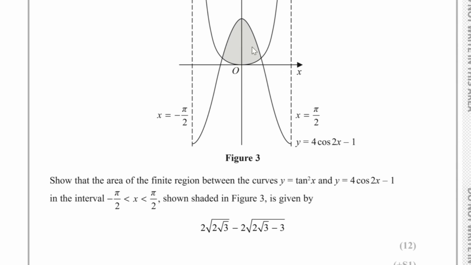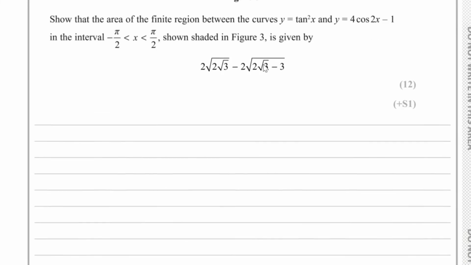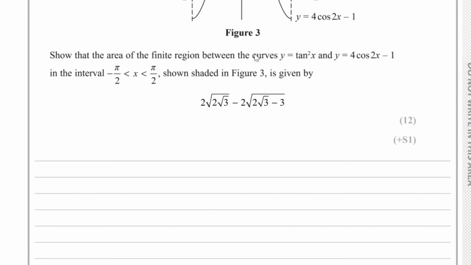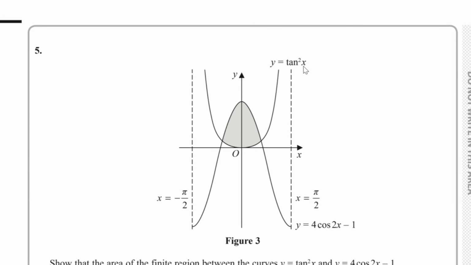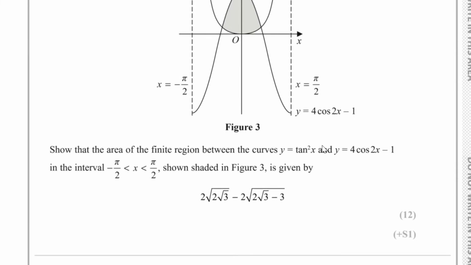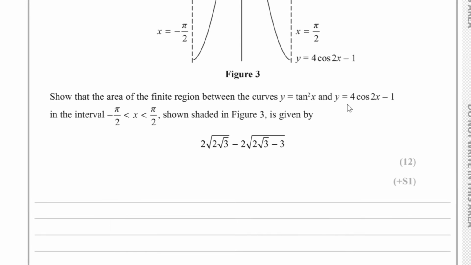Now before we do anything else, we need to find out the intersection points of the graphs. So what we will do is set y equals tan squared x equal to 4 cos 2x minus 1. So I've got tan squared x equals 4 cos 2x minus 1.